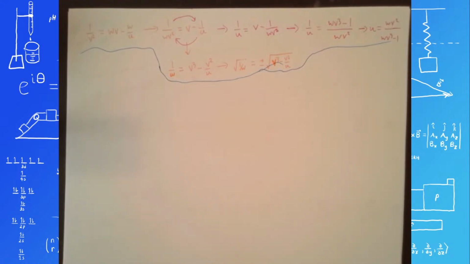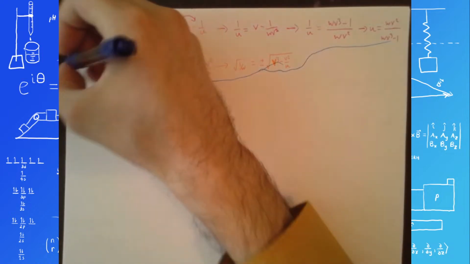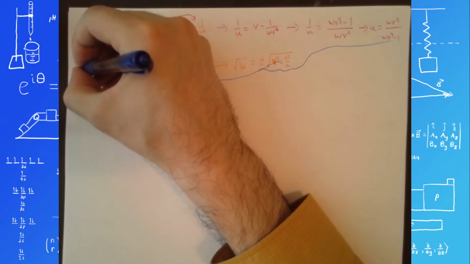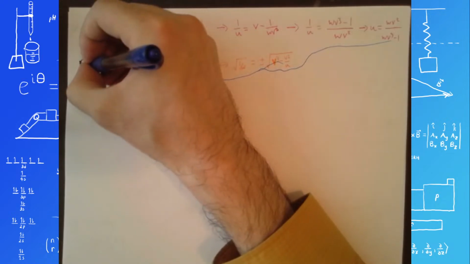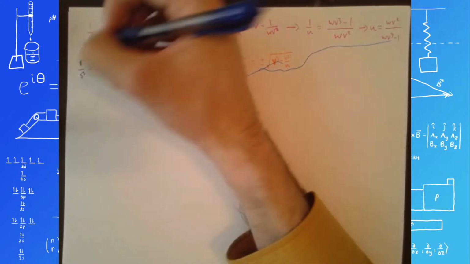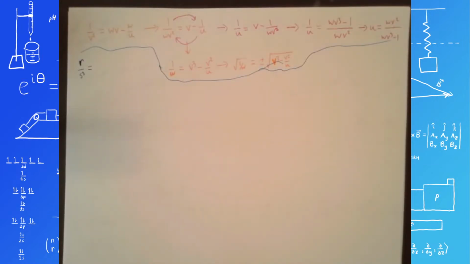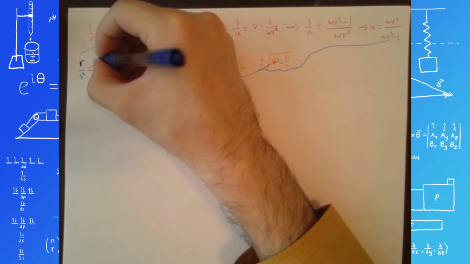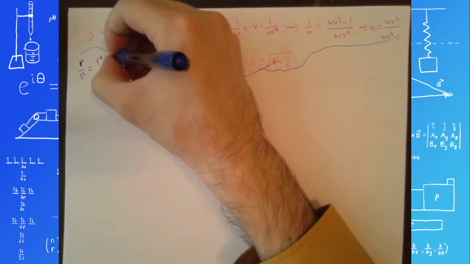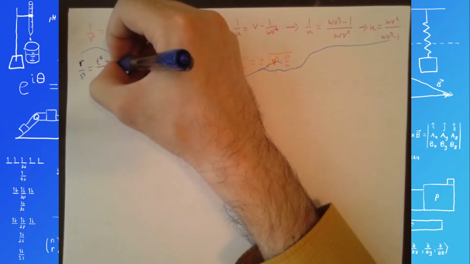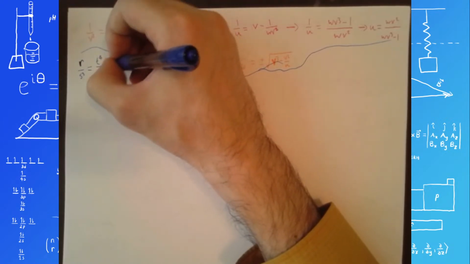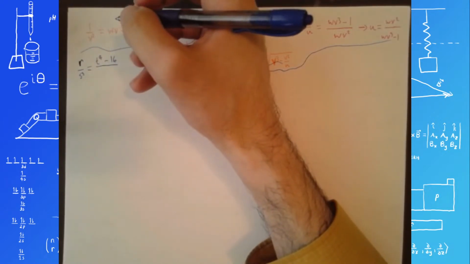And copy down, the next one is r over s cubed equals t to the 4th minus 16. You might be tempted to do difference of squares here because you see t to the 4th and 16.